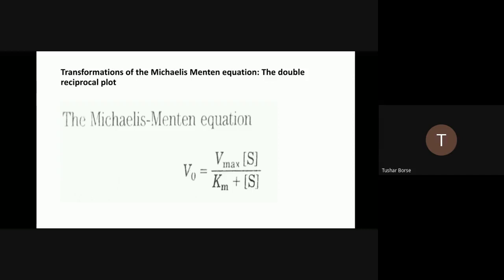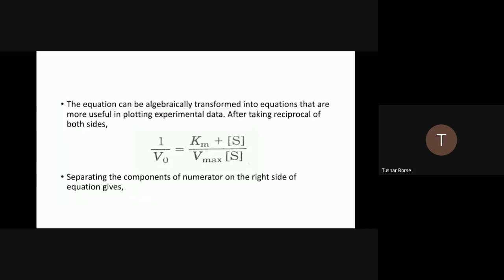Yeah, it's visible. So as we have rephrased the entire equation, it's V0 is equal to Vmax into substrate concentration divided by Km plus substrate concentration. Now we'll see two transformations in this equation. They are simple ones. The first one is the Lineweaver-Burk equation.